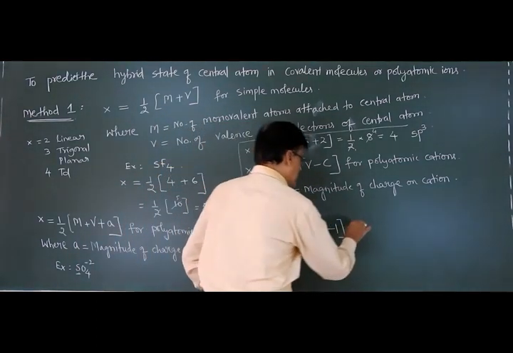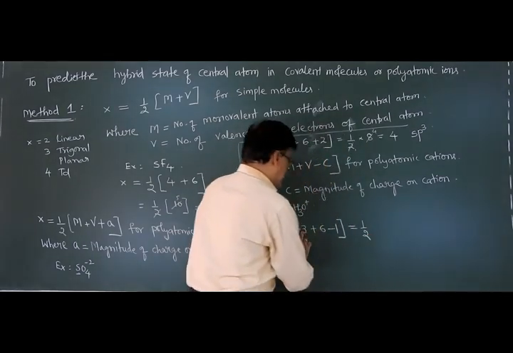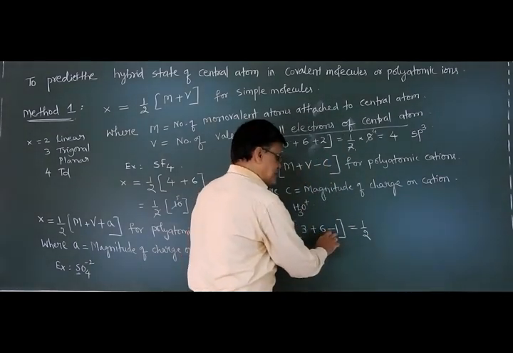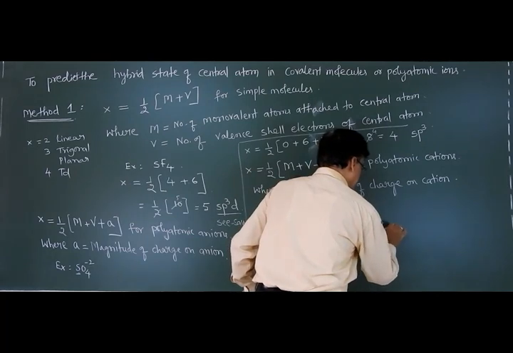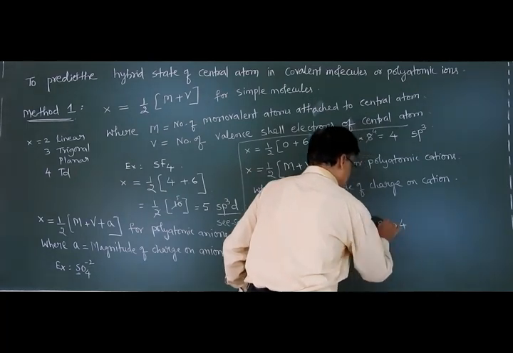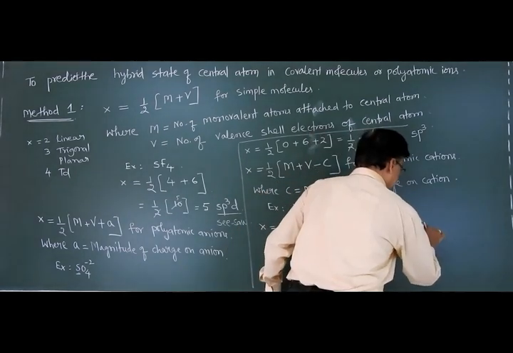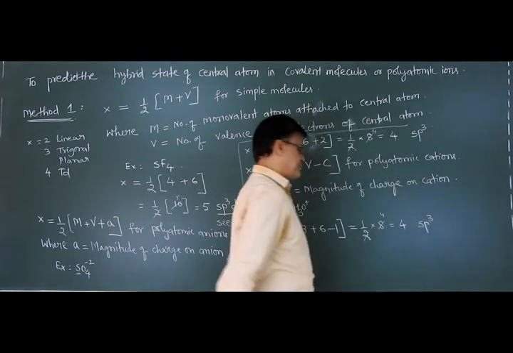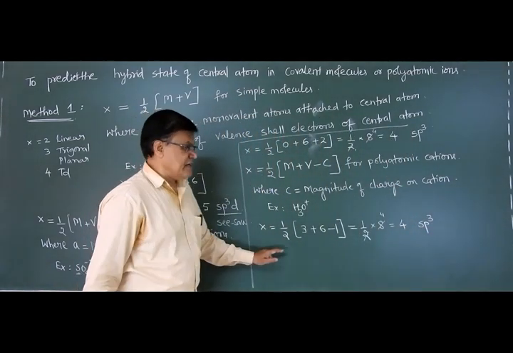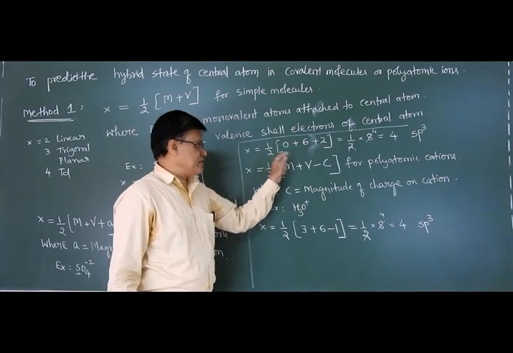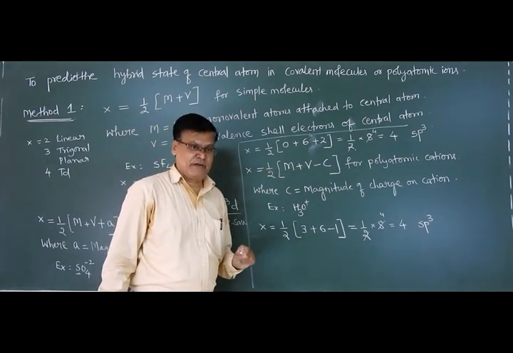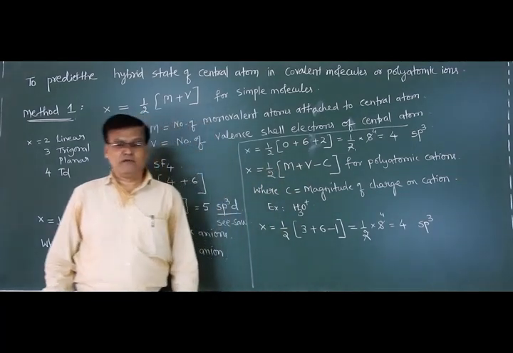That is equal to half of 3 plus 6, which is 9. 9 minus 1 is 8. That is equal to 4. 2 fours are 8. What is the hybridization? sp3 hybridization. Like this, we have to calculate by using this formula. This is method 1. Right? Other methods are there, we will discuss.